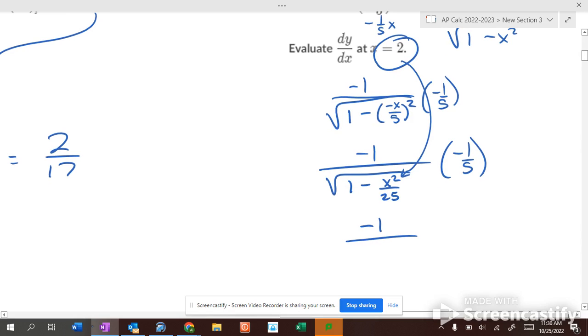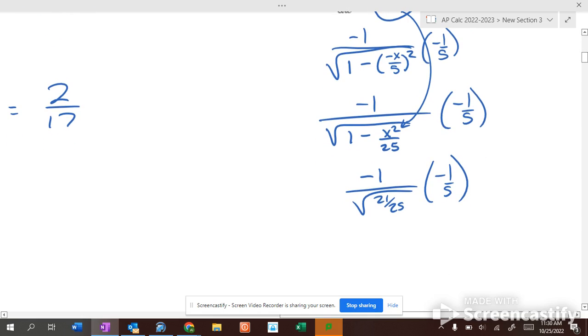So we have negative 1 over the square root of 21/25 times a negative 1/5. Well, the square root of 21/25 is the square root of 21 over 5 times negative 1/5. This 5 down here is like 5 over 1, right? So these two 5s do what? Cancel.